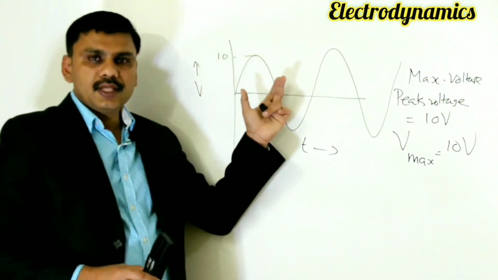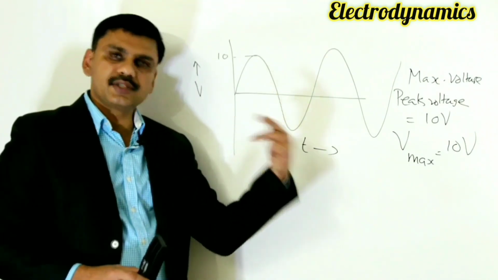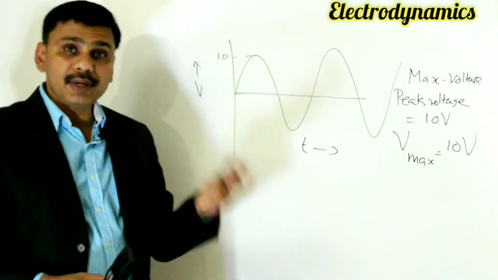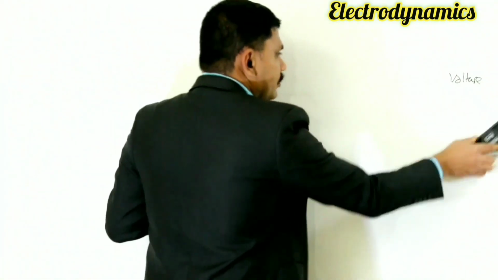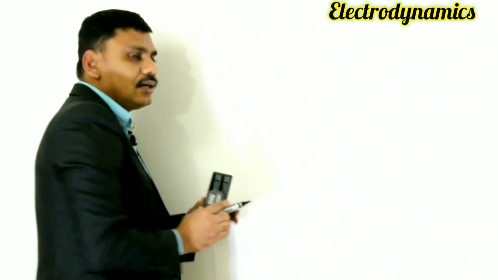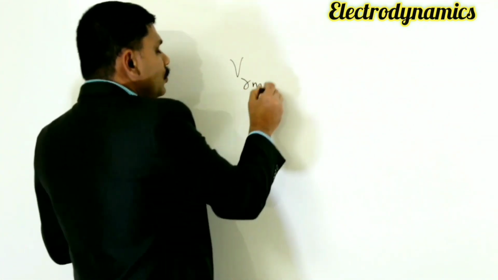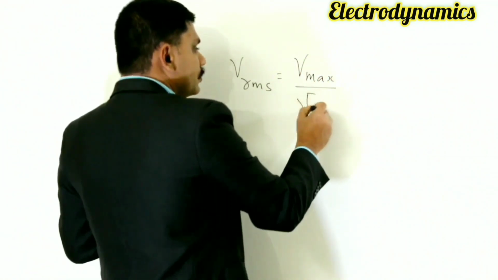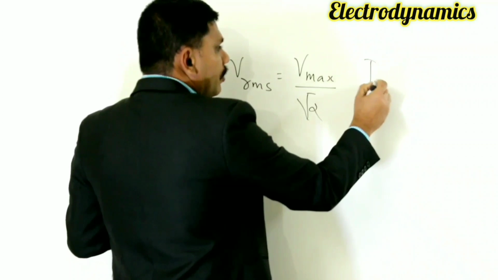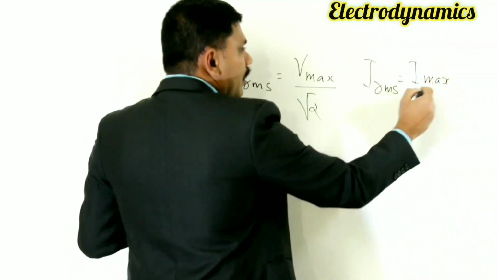So these are the representations of maximum voltage and maximum current, or peak voltage and peak current. Then, how will you get the RMS current and RMS voltage? Vrms equals Vmax divided by root 2. Irms equals Imax divided by root 2.